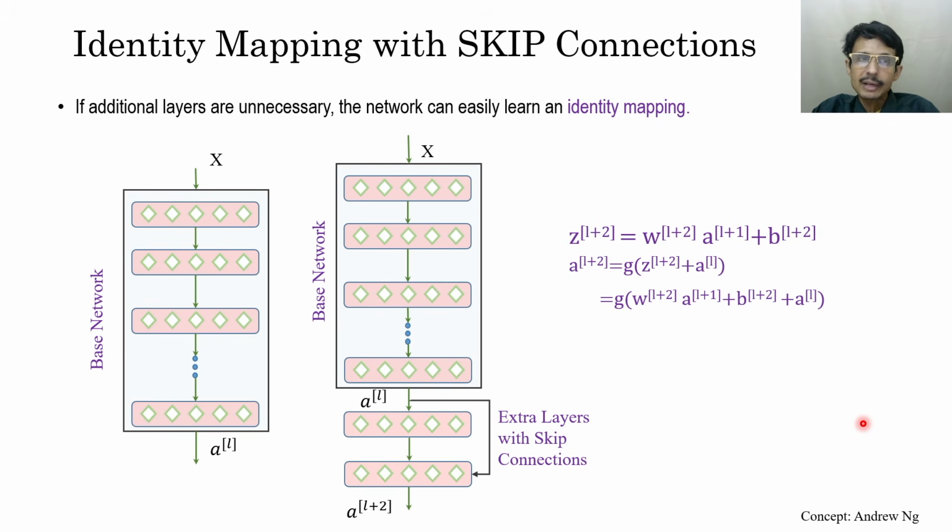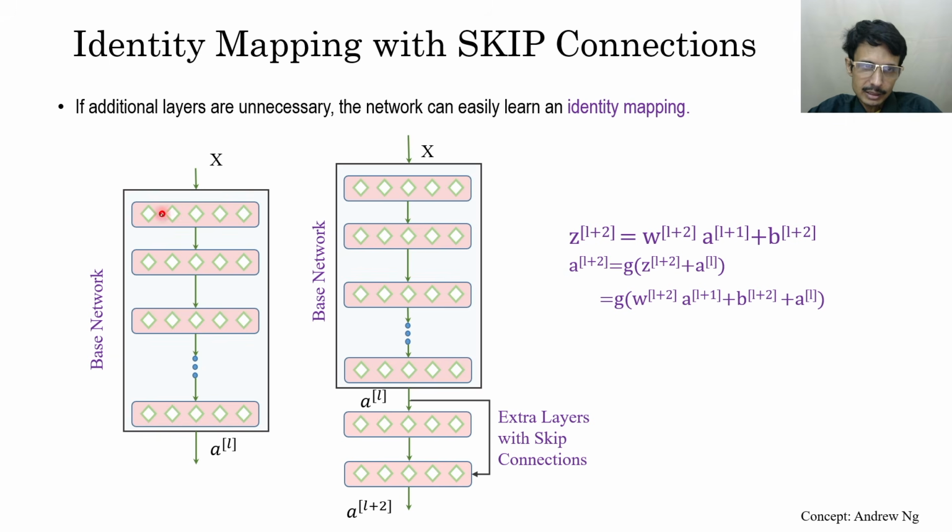Okay. Now we are going to understand another very important concept: how skip connections enable identity mapping very easily for this ResNet. To understand this phenomenon, first of all, what is identity mapping?